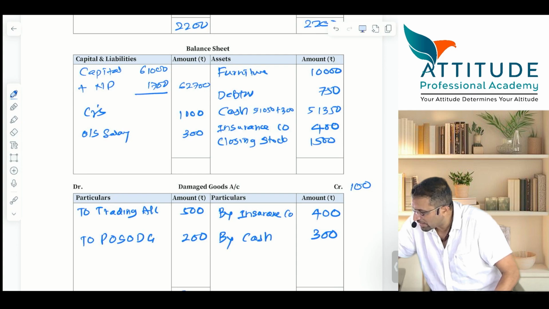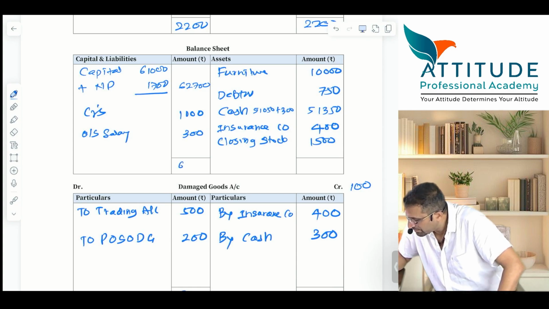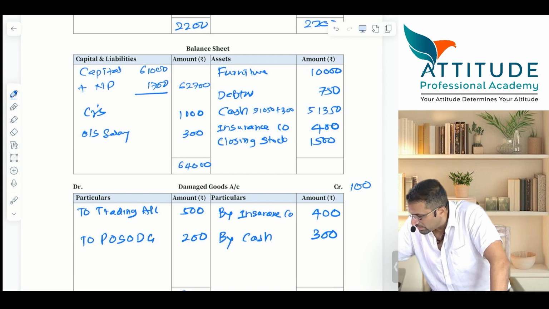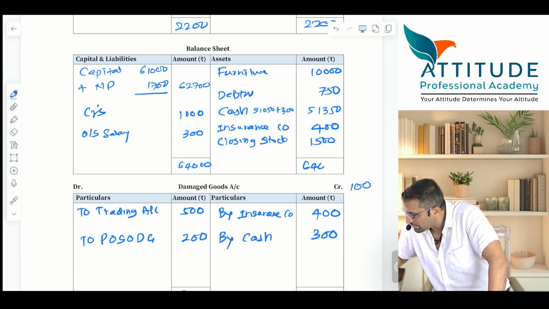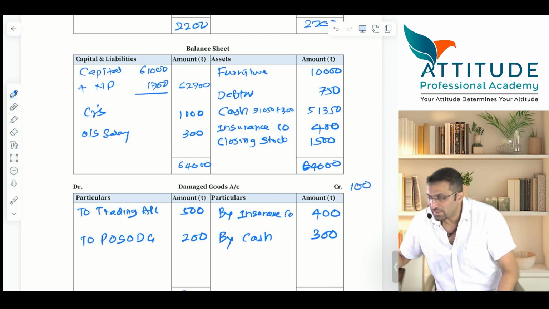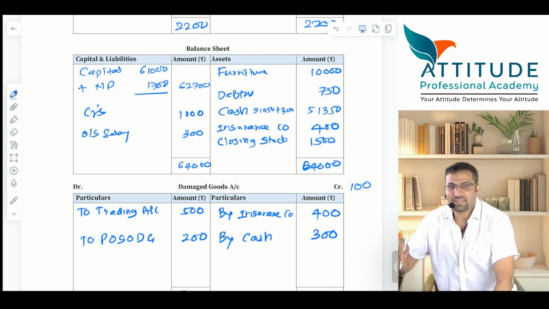Earlier it was not tallying, no. 64,000. And here how much? Pakka? 60. Good, at least 1%. Be careful.